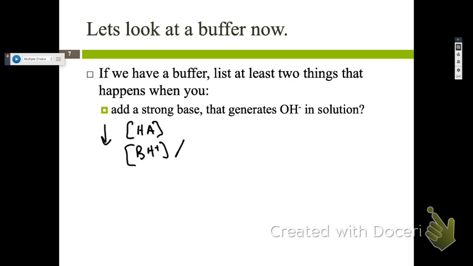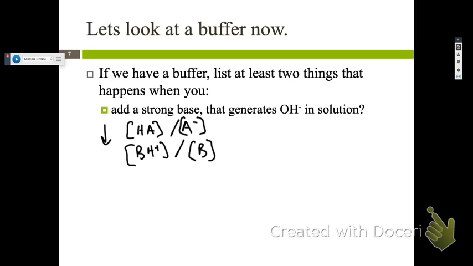No. So I'm going to draw out two. So this could be one buffer, right, where we have a weak acid and its conjugate base, acetic acid, for instance, and acetate. Or it can be ammonia, it's your base, and this is ammonium. This is a buffer, or this is a buffer.